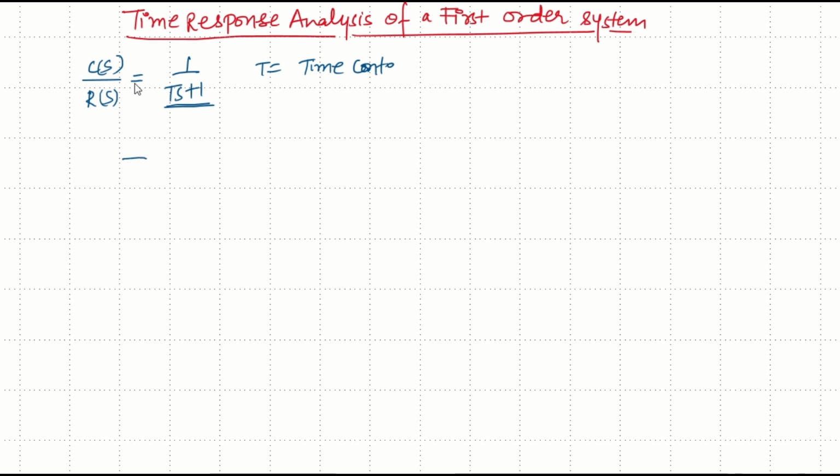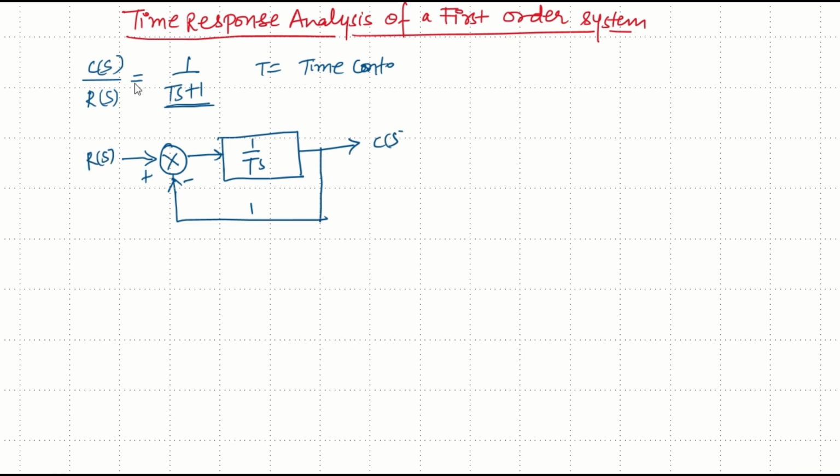Now, the closed loop representation of the first order system is given by this. We have an open loop gain of 1 by Ts, and the feedback gain here is unity, 1. This is minus, this is the input, and this is the controlled output Cs.